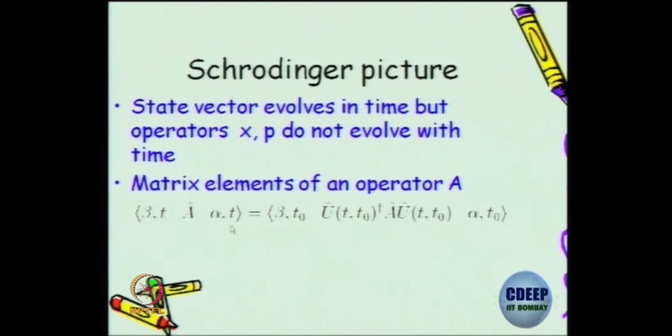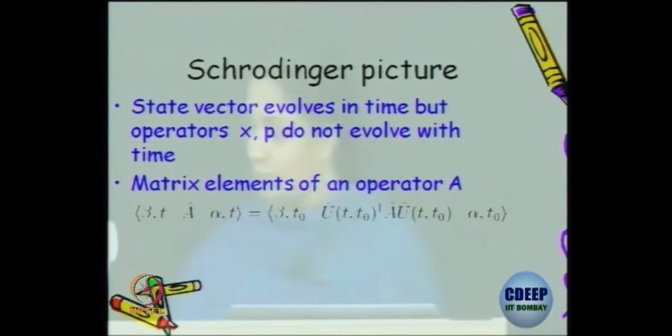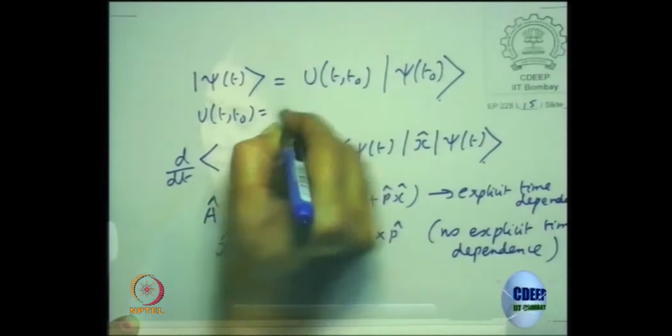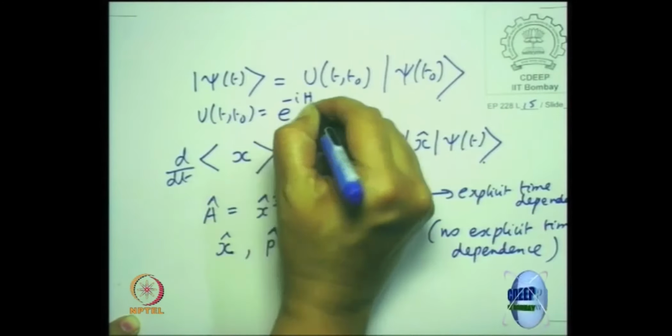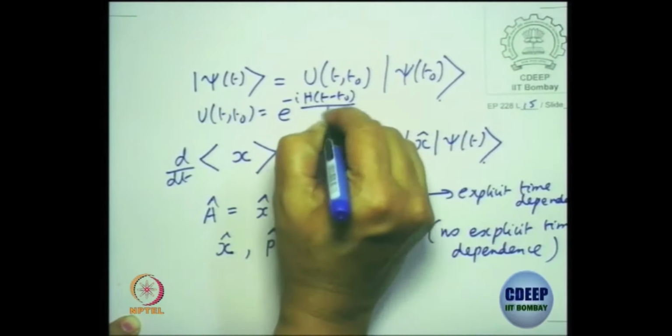So this matrix element on the left hand side explicitly can be written as the matrix element between the initial states, take the initial time to be t naught, and with this unitary operator on both sides sandwiching the A operator. What is this unitary operator? We have done this. This is e to the minus i H (t minus t naught) over h cross.